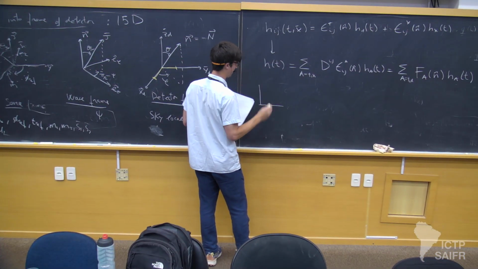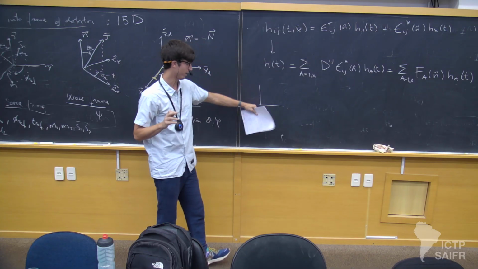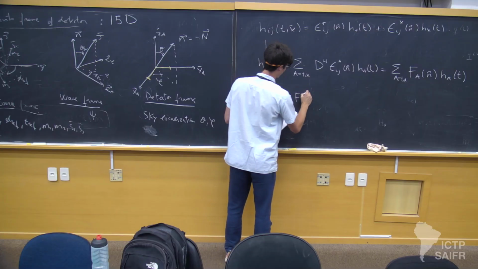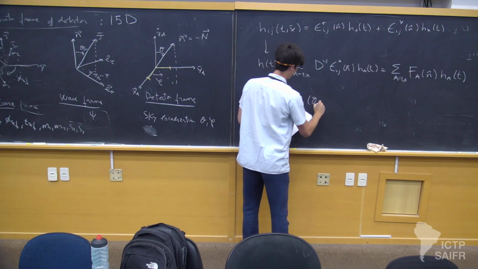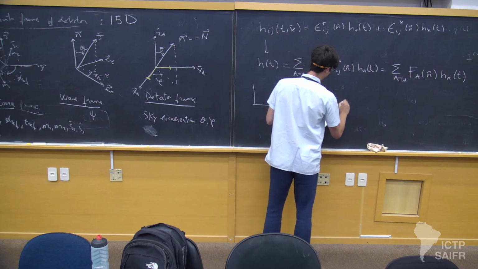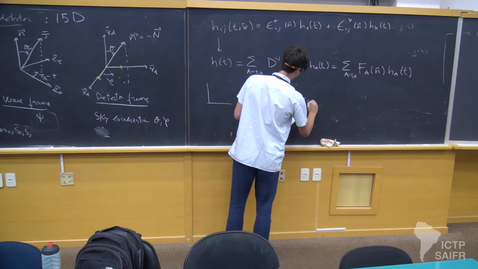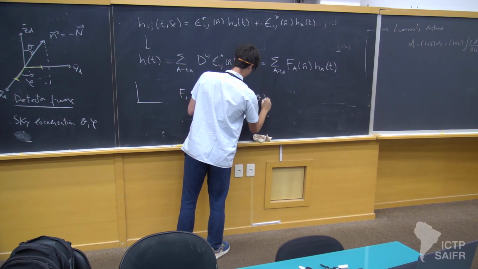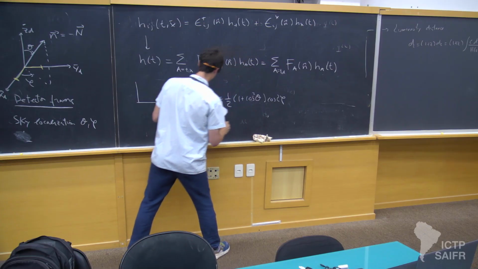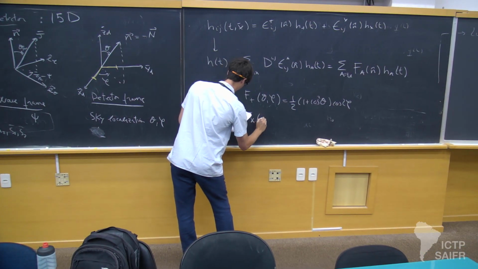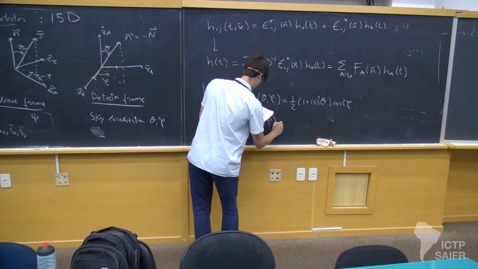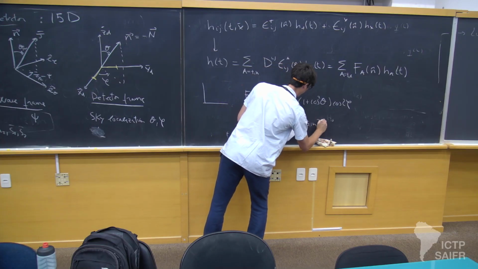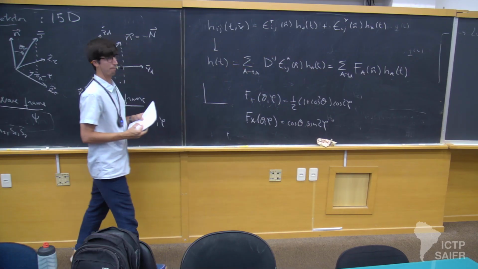So if you have something like an interferometer with an L, then F plus is going to be a function of the sky position, theta and bar phi, with this dependence: cos squared, cos of 2 bar phi, and then F cross is cos theta, sine of 2 bar phi.